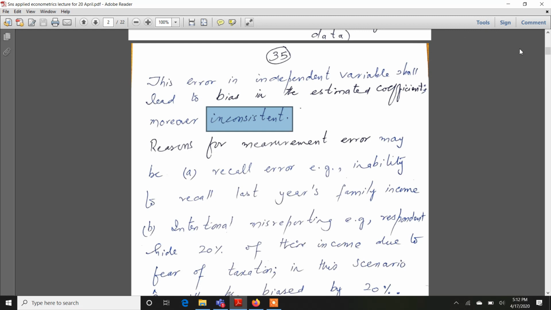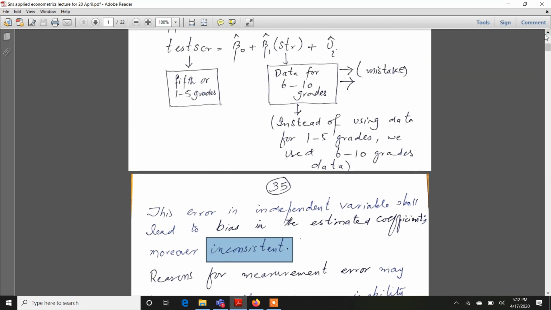If I come back to this equation, if I have an error in this student-teacher ratio data, then no matter how large a sample I take, this beta 1 hat coefficient will never be a good estimate of beta 1, where beta 1 is the slope coefficient that relates the fifth graders' test score and the student-teacher ratio of the fifth graders.